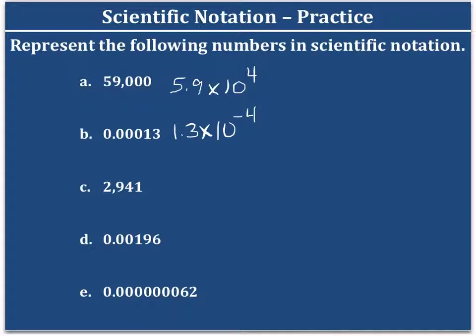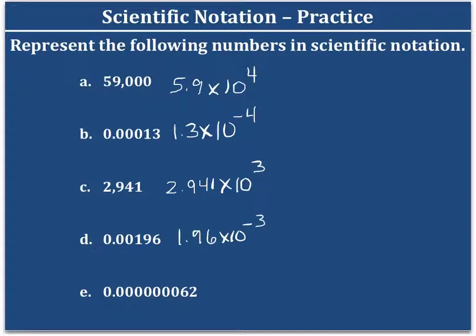Okay, example 3, again, no decimal place, so we'll just assume it's right there. So 1, 2, 3, and we move to the left. So 2.941 times 10 to the third. D, we have a decimal, 1, 2, 3 to the right. So 1.96 times 10 to the negative 3.